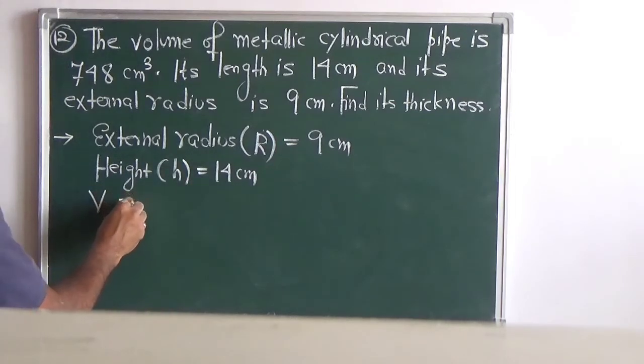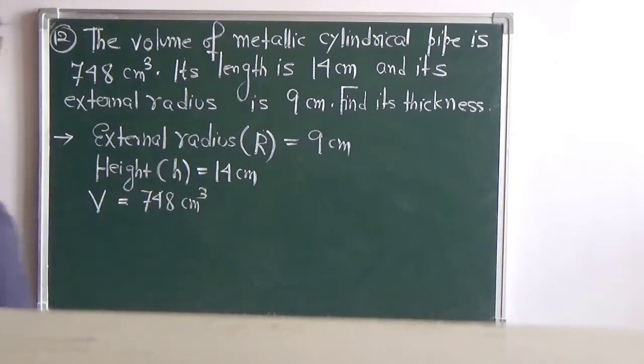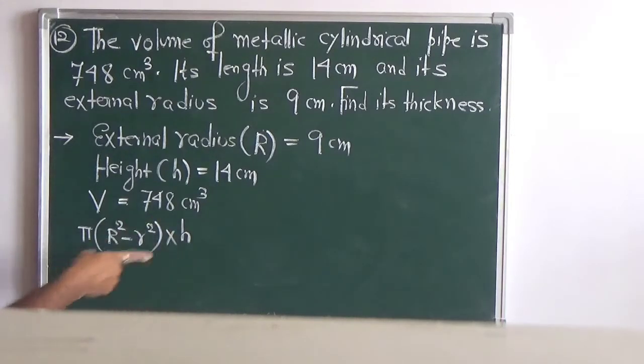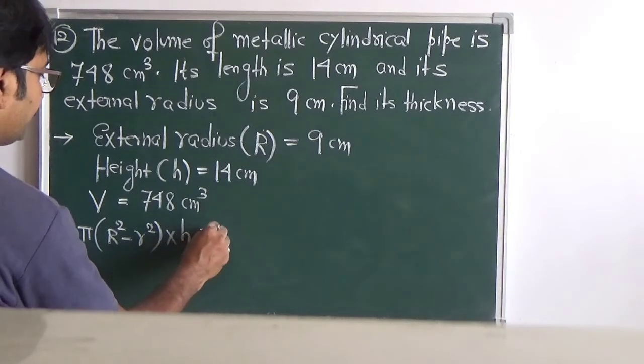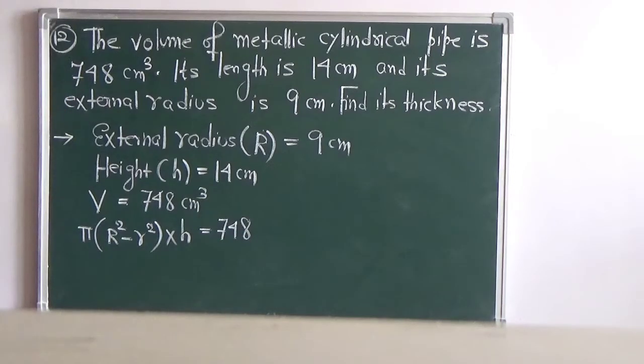The volume is given as 748 centimeter cube. Now what is the formula for the volume of this hollow cylinder? Pi into R square minus r square, outer radius square minus inner radius square, into height. And this equals 748. With this information, we have to find the value of small r.